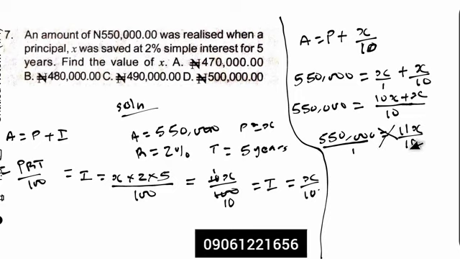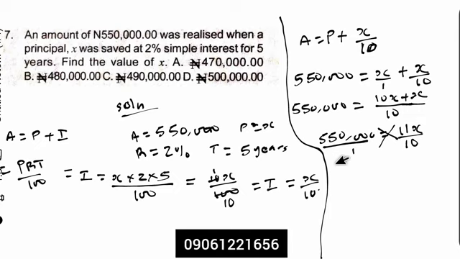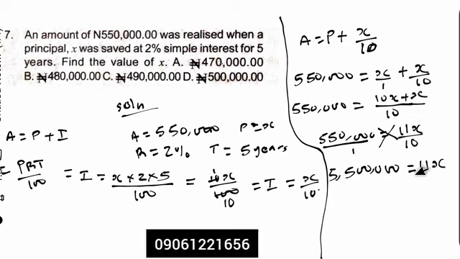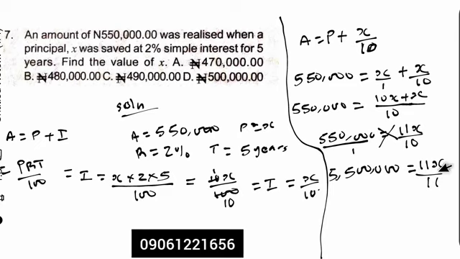So 10 times 550,000 gives 5,500,000, equal to 1 times 11S, that is 11S. To get the value of S, divide both sides by 11, the coefficient of S.